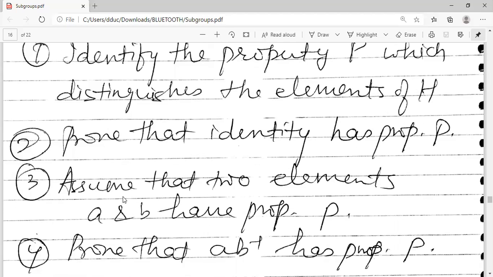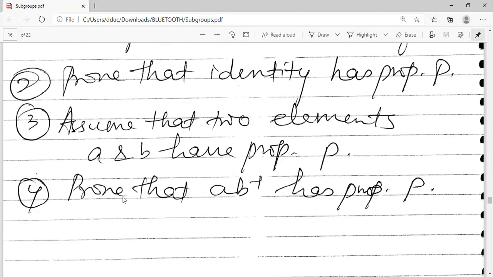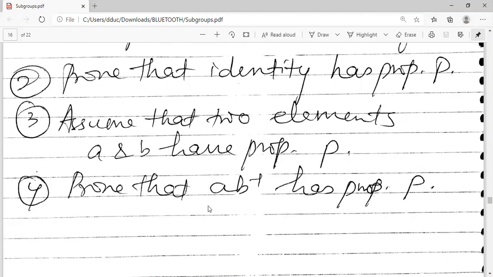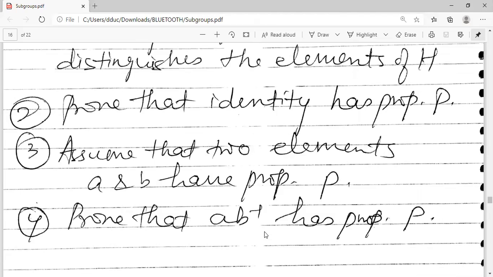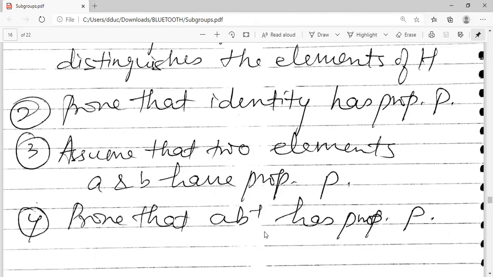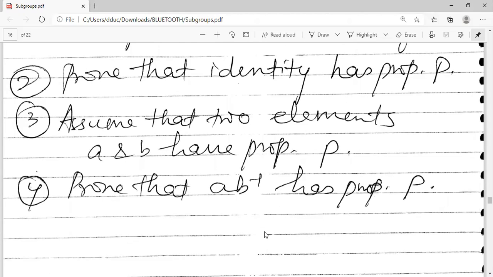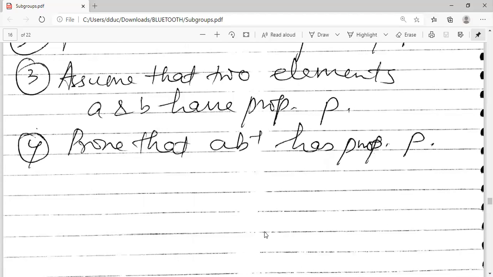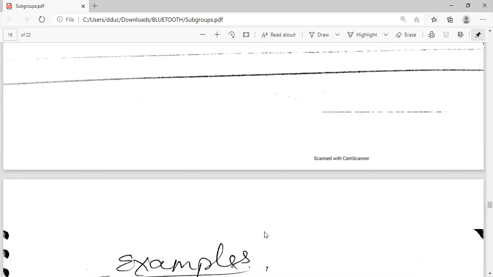Number three, assume that two elements A and B have property P. Next, take any two elements that have property P and then prove that A into B inverse has property P. That means if you are using the one-step subgroup test, then A into B inverse belongs to H. So these are the 4 steps basically that you have to do.